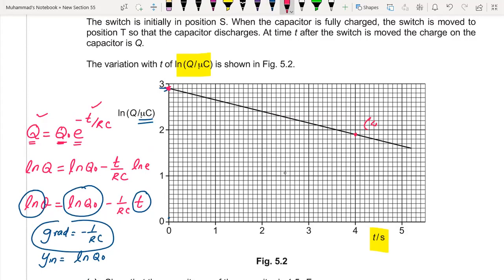This is 4, and on the y-axis, this is 1.9. And this is x is 0 and 2.9. So find the gradient, y2 minus y1 over x2 minus x1, and then using the gradient, you can find the resistance.